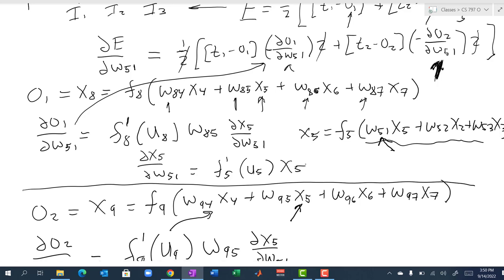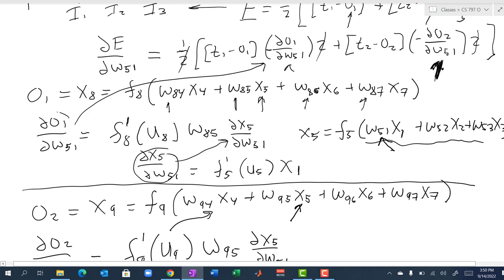Oh, that's a mistake. Let's go back. I wrote this wrong. This is x1. And this is x1. My bad. Wrote the wrong number there. These are correct over here, W52 and W53.